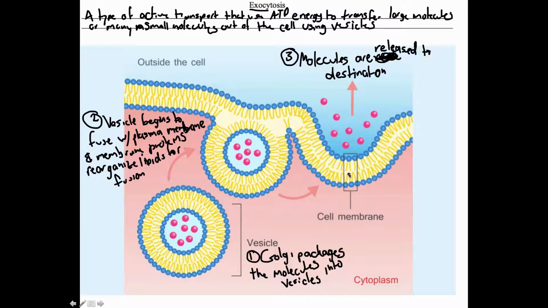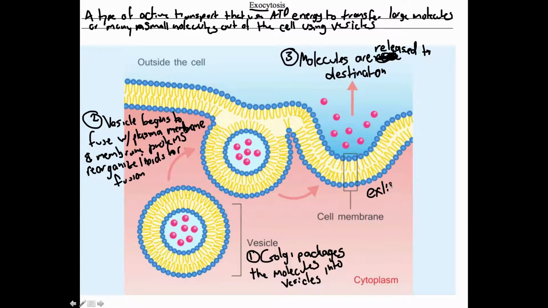Now, a few examples of this. Let's do some examples down here. Our first example of exocytosis, how it's used in your body. A huge one is the movement of hormones out of cells.